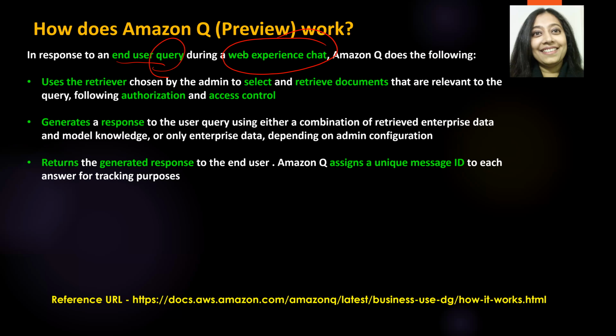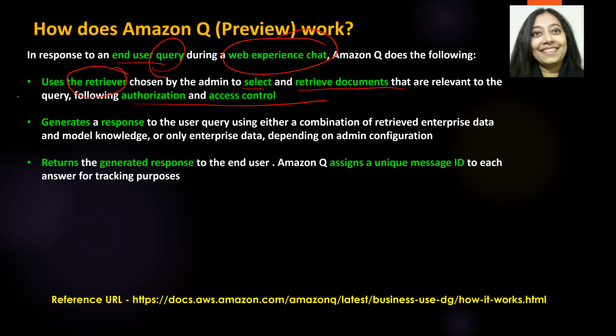RAG has two components, the retrieval and the generational component. The retriever looks at your query, your configuration, and your authorization, and then selects and retrieves documents. Again, to repeat myself, it is as per your authorization and access control.